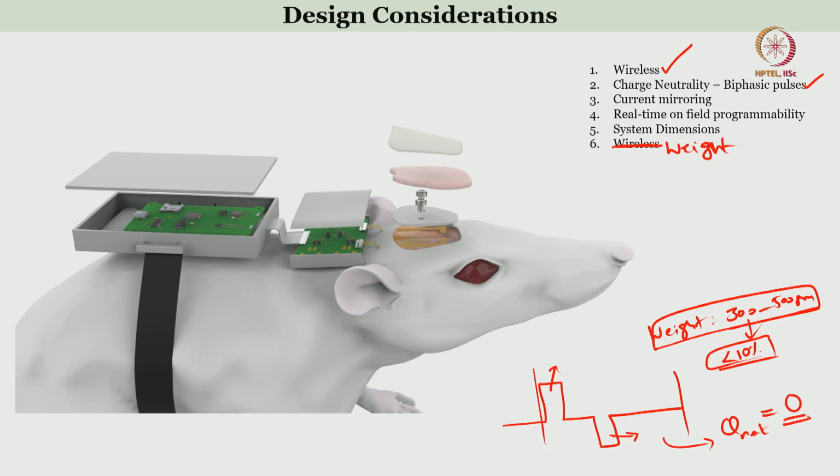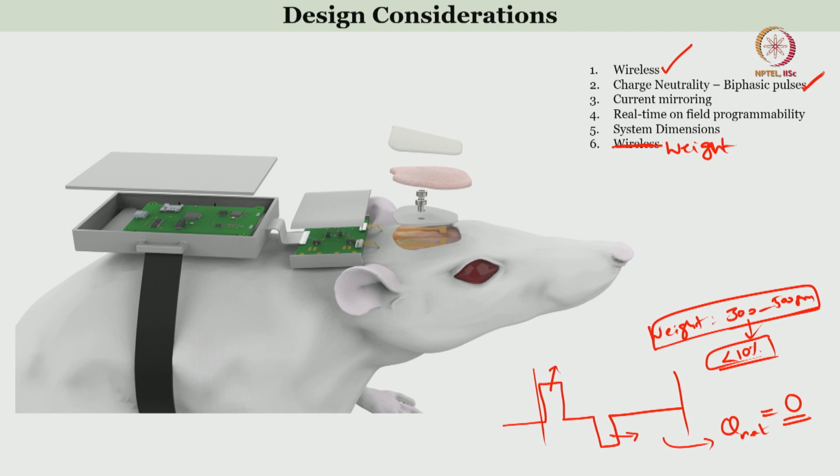We should not induce extra charge into the brain. Once we induce extra charge, because of various redox reactions the environment may change, the pH may change, and it may damage the brain as well. So it is most important to maintain biphasic pulses as the electronic signals given to the brain, and one should keep that in mind.